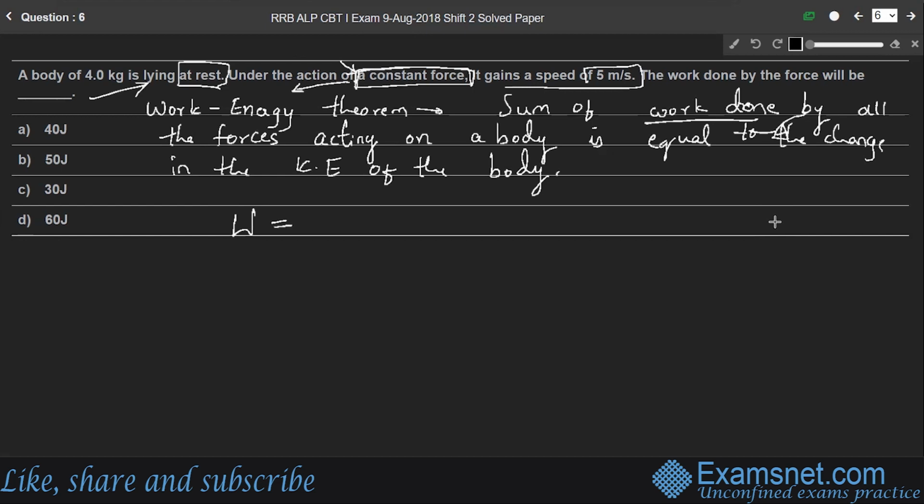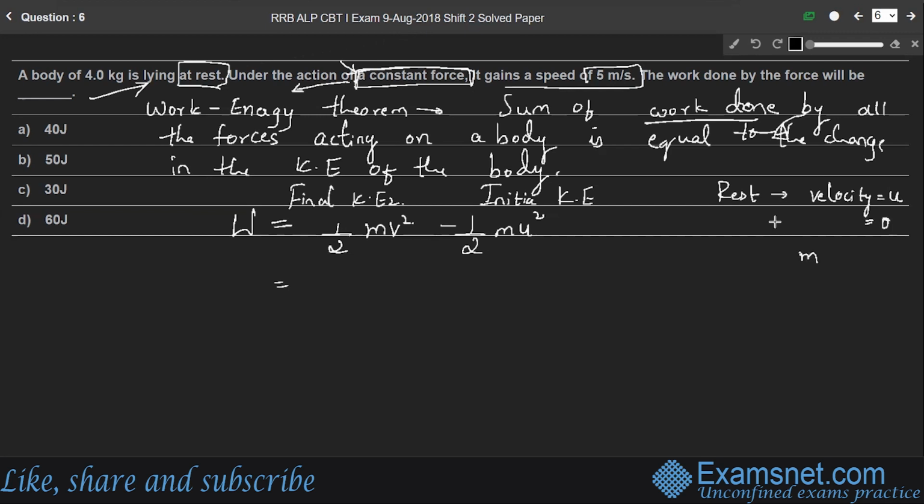So the final kinetic energy KE2, with the kinetic energy formula half mv square, minus half mu square, the initial kinetic energy. Final kinetic energy minus initial kinetic energy gives the change in the kinetic energy, right? The body was at rest first, therefore its initial velocity u is 0.